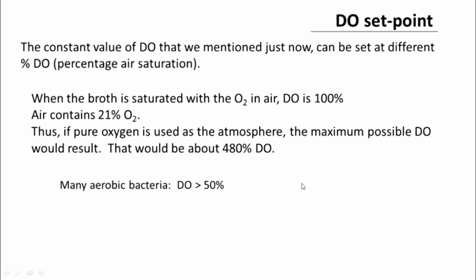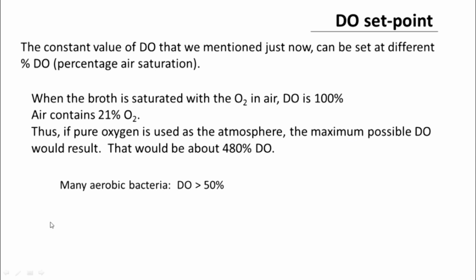Now, why are we interested in this? See, DO is nothing but the accumulated level of oxygen in the medium. The oxygen is being taken in by the cells, the oxygen is being supplied through aeration and so on, all those are fine, but the DO actually tells you the level of oxygen in the broth.